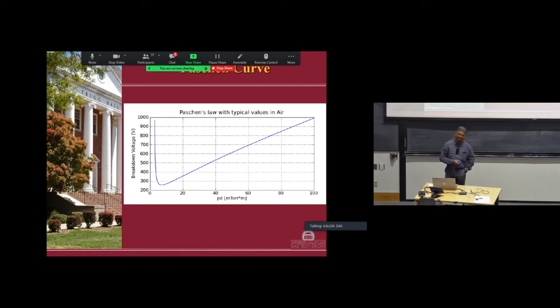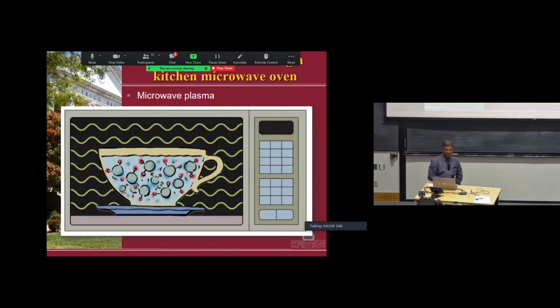So we thought, instead of that electric field, why don't we use microwave? Microwave also gives you energy, right? It supplies energy. That's how your cup of water gets heated up, right? So if you put a cup of water in a microwave, what happens? That microwave is an oscillating electromagnetic wave.